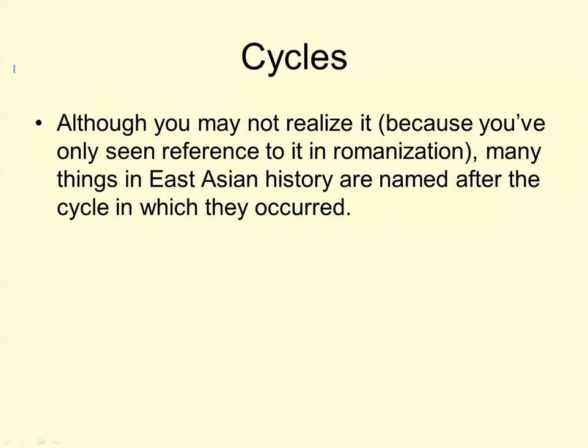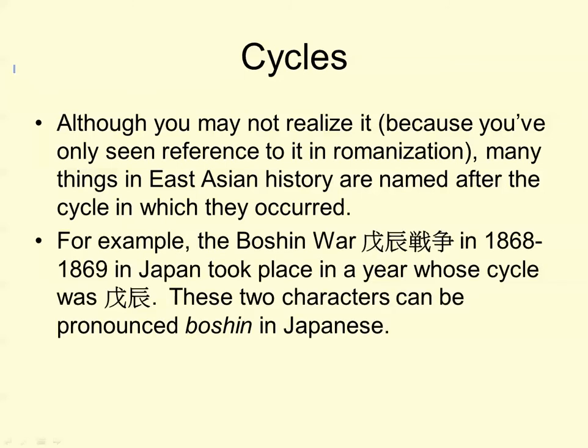So although you may not realize it, because you've only seen reference to it in Romanization, and this is indeed one of the evils of Romanization, many things in East Asian history are named after the cycle in which they occurred. For example, the Boshin War, which was 1868 to 1869 in Japan, took place in a year whose cycle was Boshin.